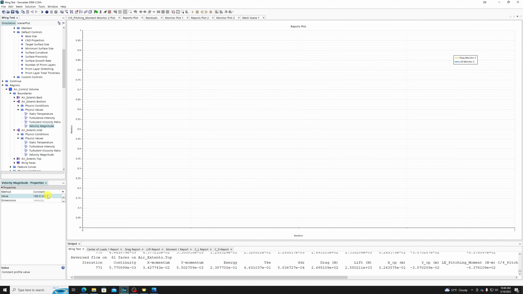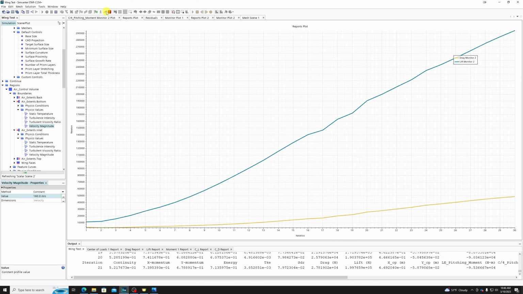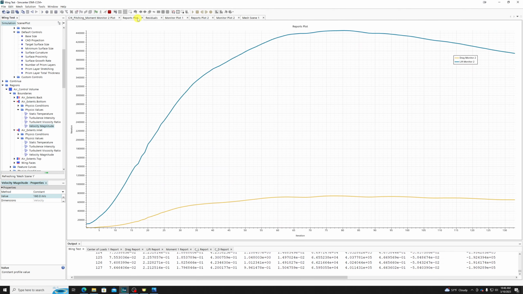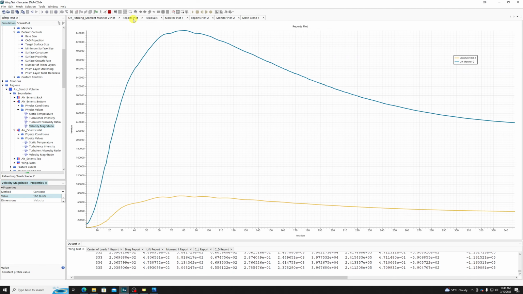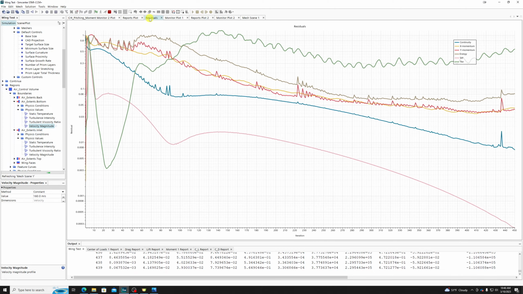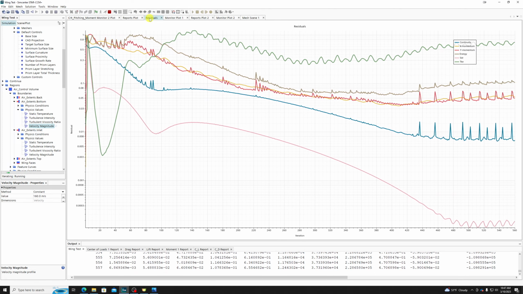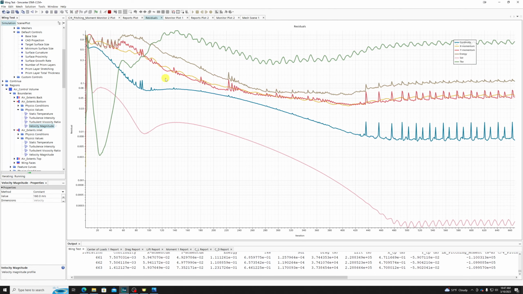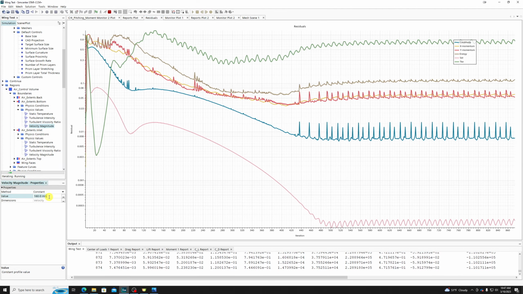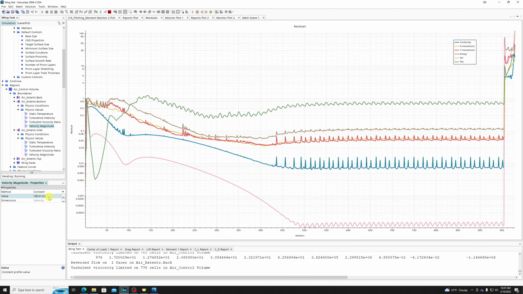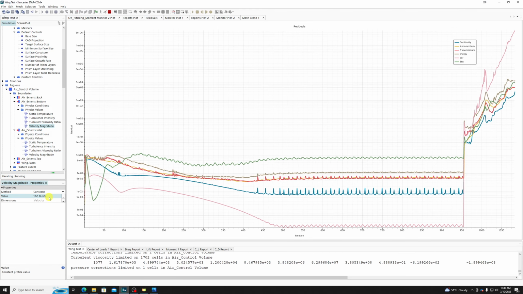Actually, you know what? Screw it. 160 meters per second will probably crash this. Let's see here. Thinks it figured out something. Aha. There we go.